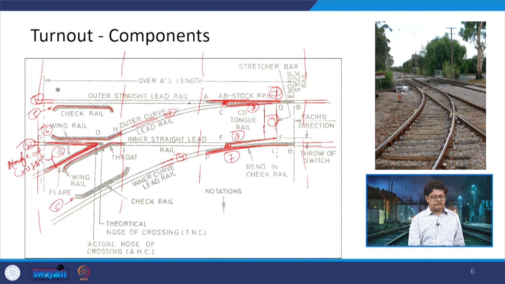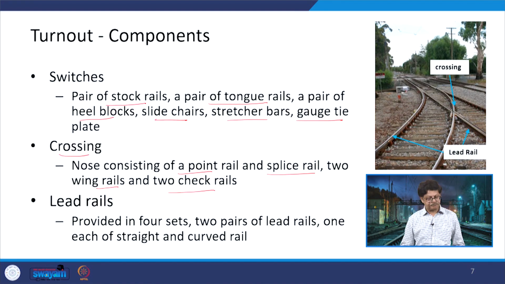So, here 2 types of rails are joining. One rail is known as a splice rail, another rail is known as a point rail. We will be talking about why they are known as splice or the point rail. This is a wing rail and at the other side a jack rail is being provided. So, this constitutes the overall crossing at this point.